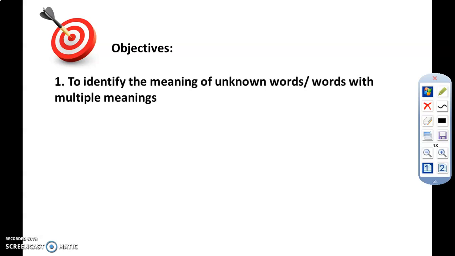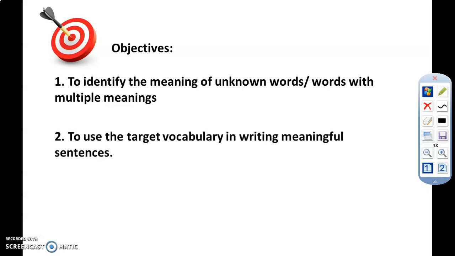So let us start with the objectives. The first objective is to identify the meaning of unknown words or words with multiple meanings. The second objective is to use the target vocabulary, means the words that you will study in this lesson, in writing meaningful sentences.